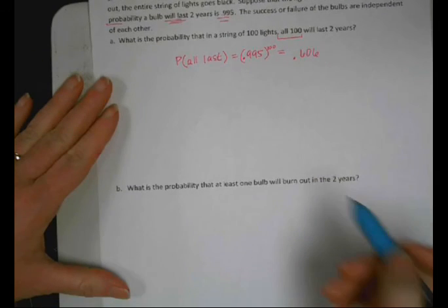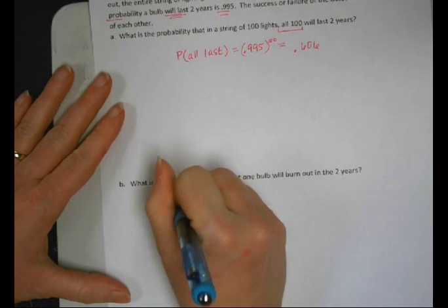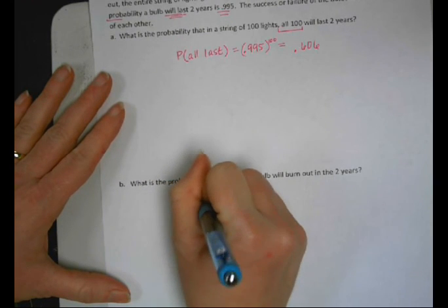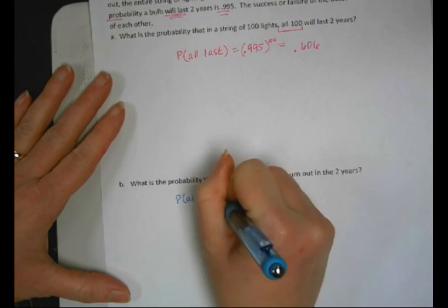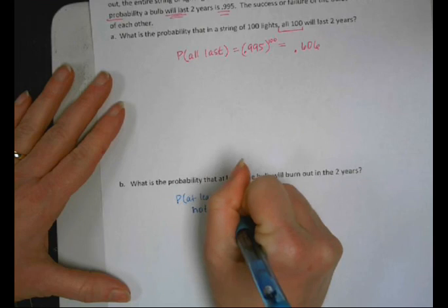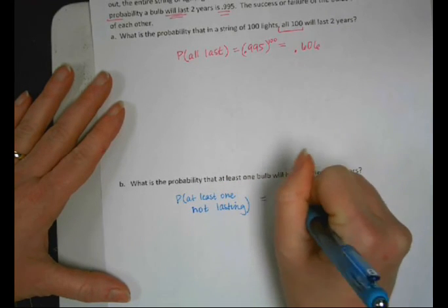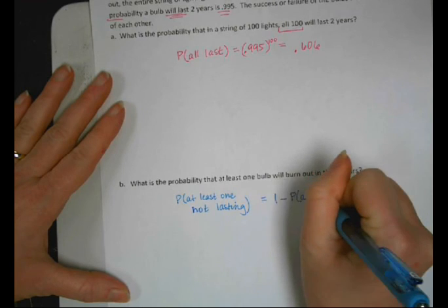So, what is the probability that at least one bulb will burn out in those 2 years? Well, probability of at least one not lasting, because it's going to burn out, equals 1 minus the probability that they all last.